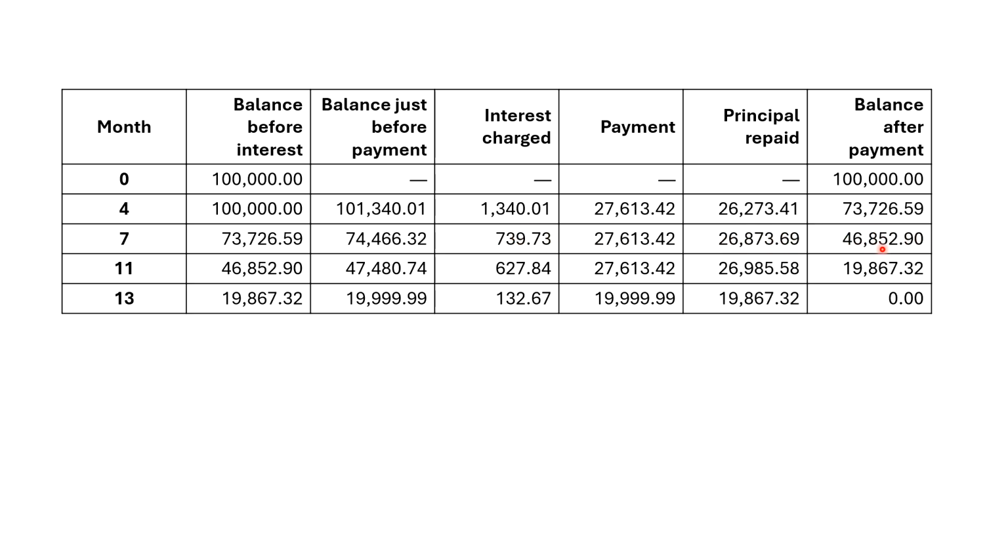And so again, you reduce the principal, and then that's the starting point for this next period, which is 4 months now. So you accrue this much more interest. You add it to this, so you now owe this much at the end of the 11th month. You pay the fixed amount.